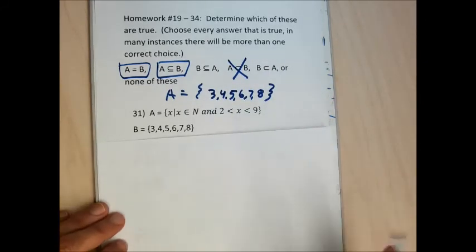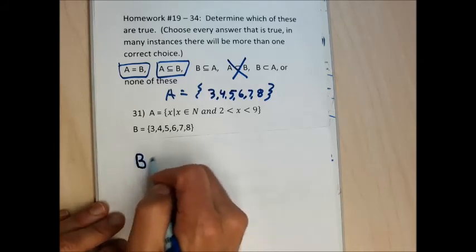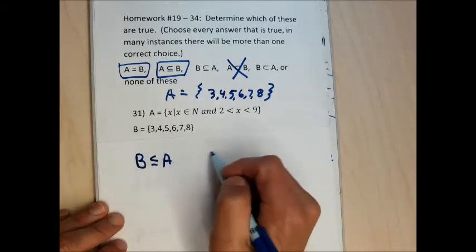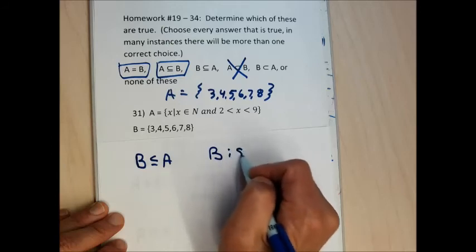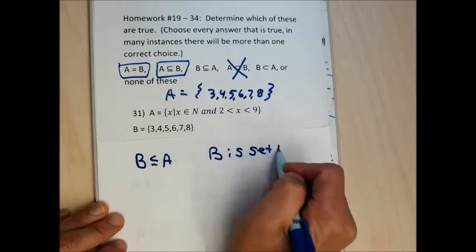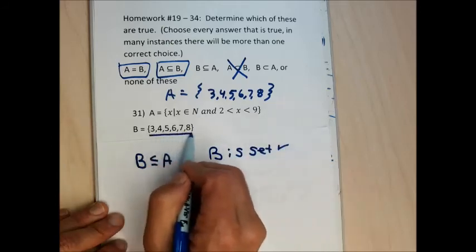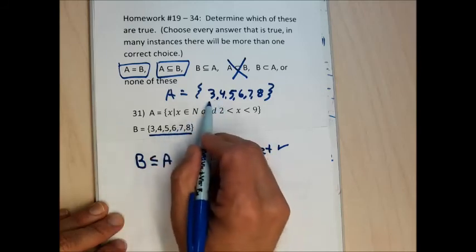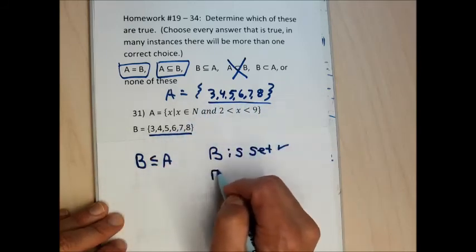Let's see now if B is a subset of A. For B to be a subset of A, B is a set, which it is, and every element of B, 3, 4, 5, 6, 7, and 8, has to be in A, which it is.